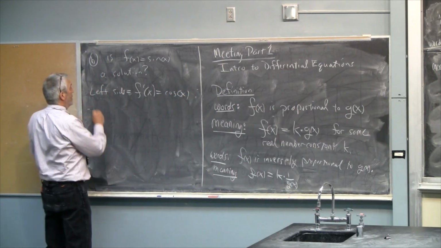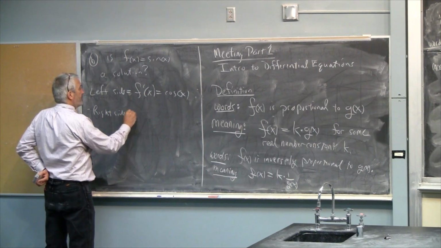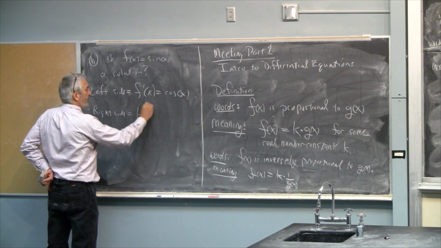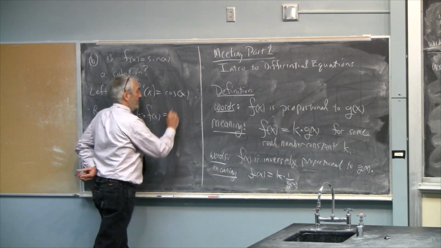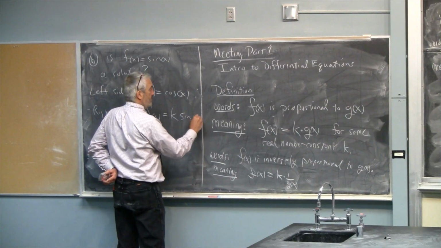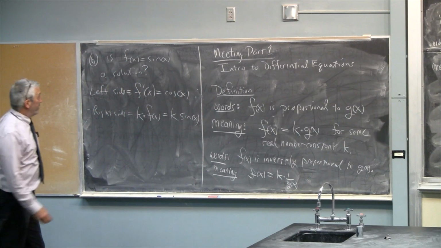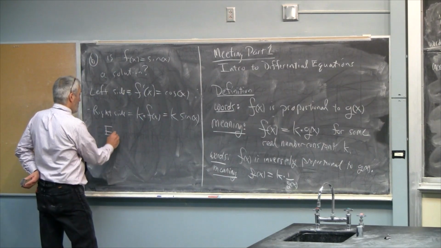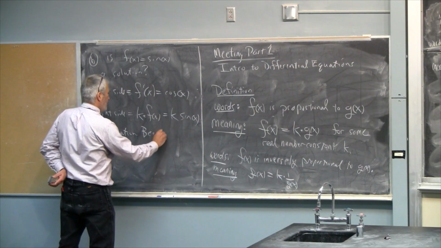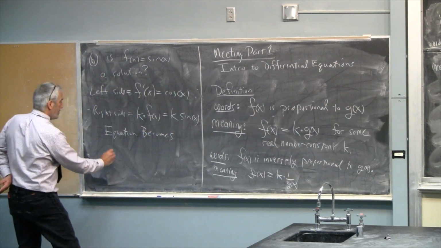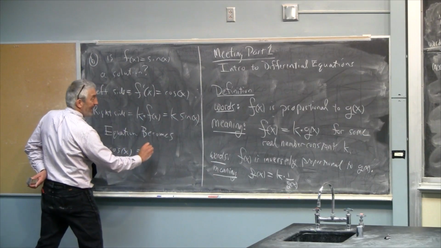The right side is going to be k times f of x. So that's going to be k sine of x. So when I substitute those into the equation, the equation becomes cos x equals k sine of x.